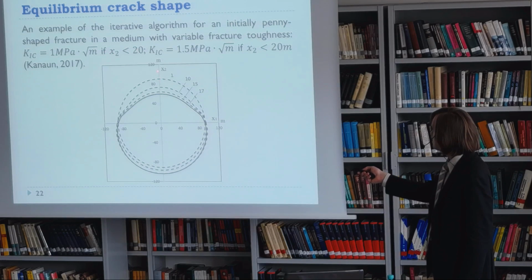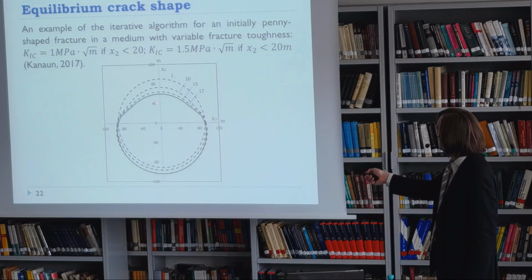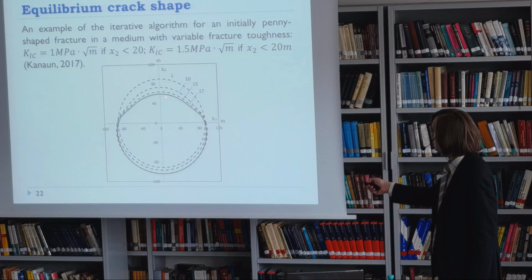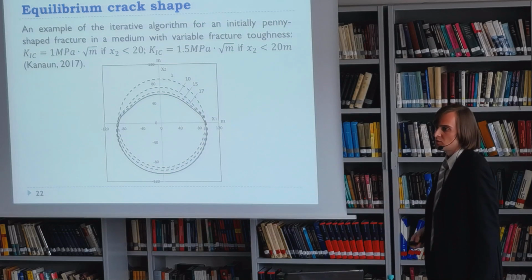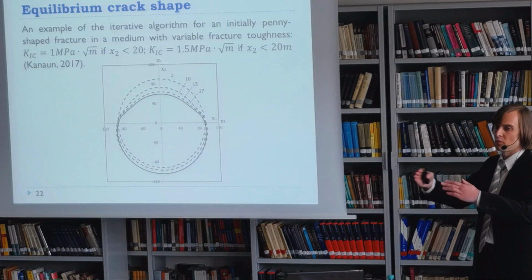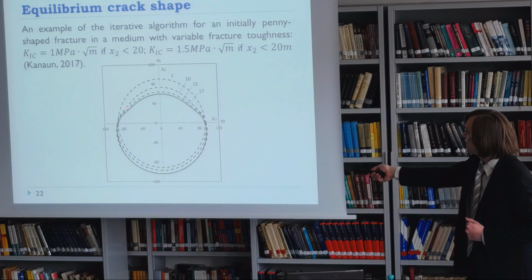For x2 smaller than 20, the fracture toughness is equal to one value, and for x2 bigger than 20, it has a different, bigger value. So the equilibrium crack shape would be this one. Of course, if the fracture toughness is bigger, we would expect that the crack wouldn't propagate that much in that direction.